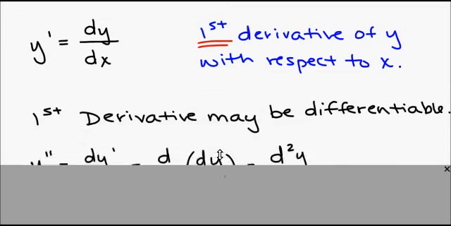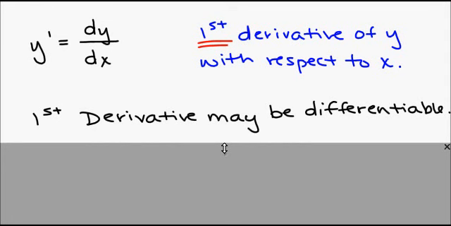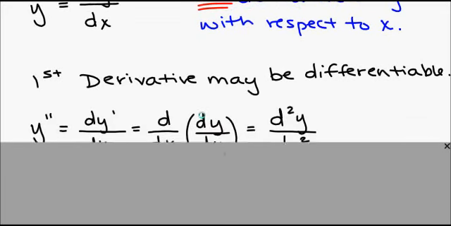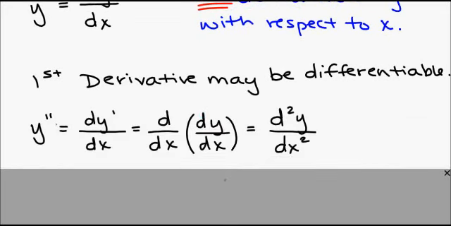And as it turns out, the first derivative may be differentiable. If you can differentiate something, that means it has a derivative. And the derivative of the first derivative is y double prime. So this is double prime.